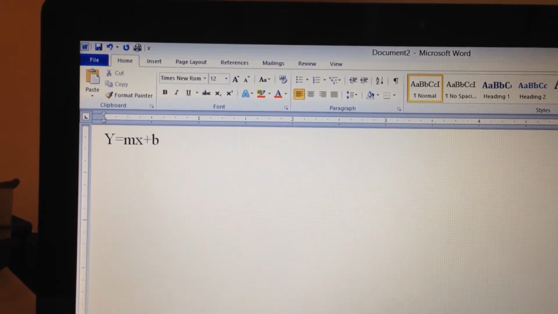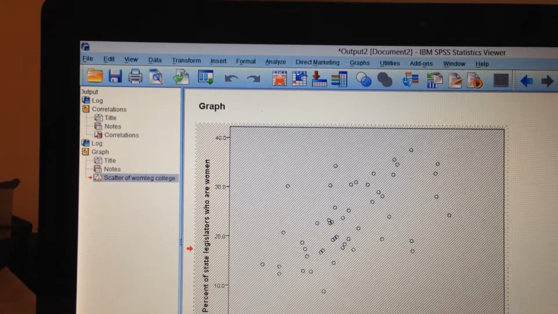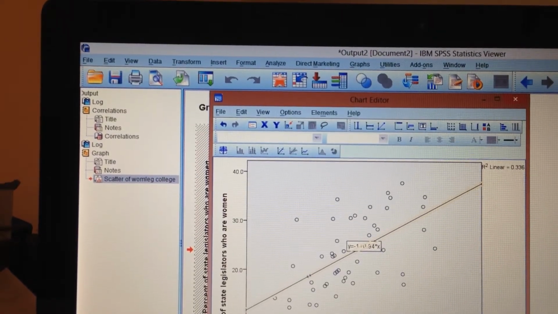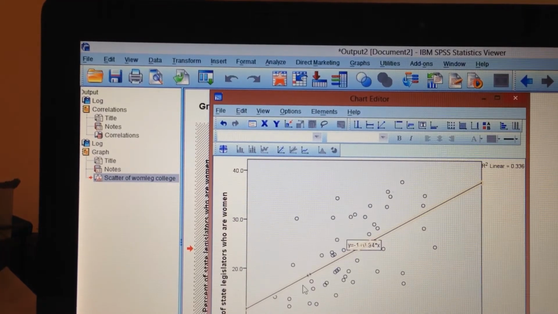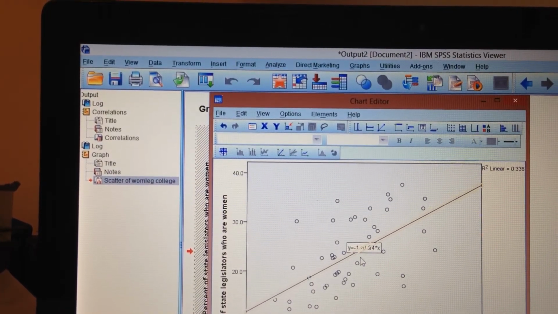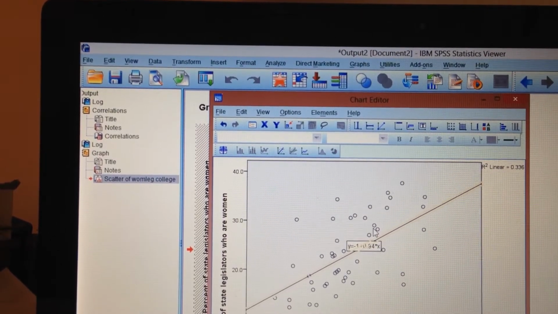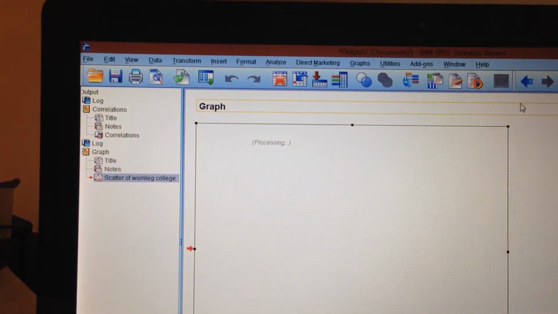That is exactly what SPSS has done. They've gone in and calculated y equals mx plus b for this entire cluster of dots. Now, let's do it in a slightly different format.